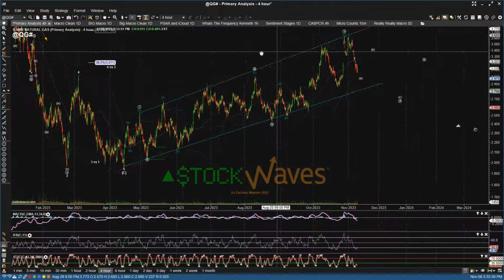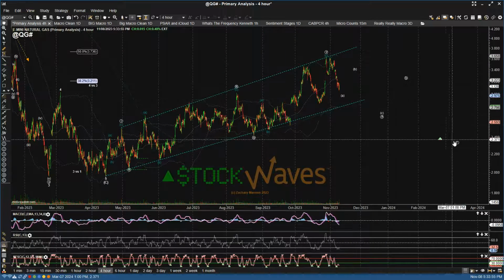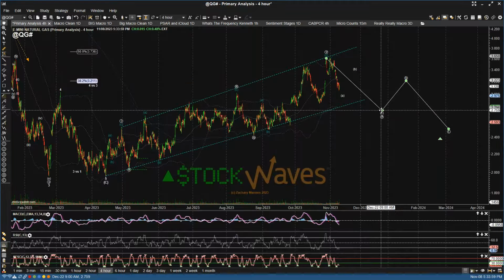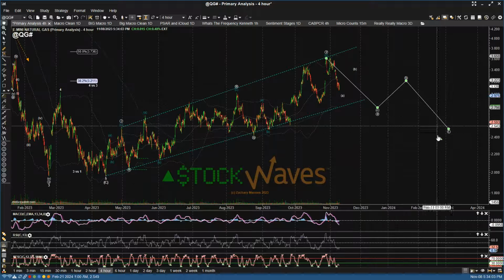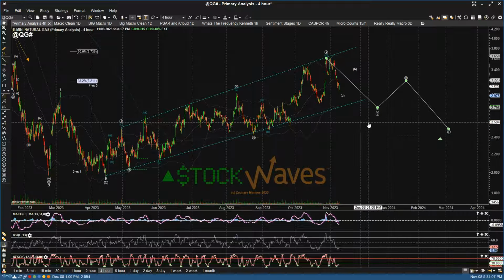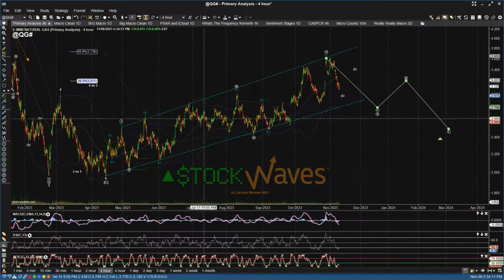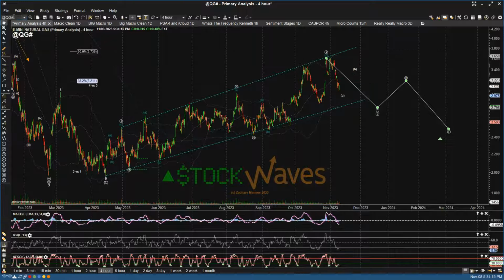So it has more work to do before it can be reliably bullish for a swing move, in my opinion, versus oil. But filling out more of an ABC into this 250 region is certainly bullish for a nice swing move, at least a measured move relative to the move from April up to October.